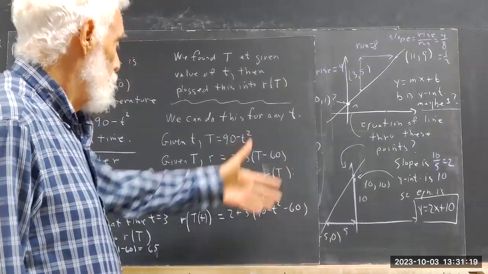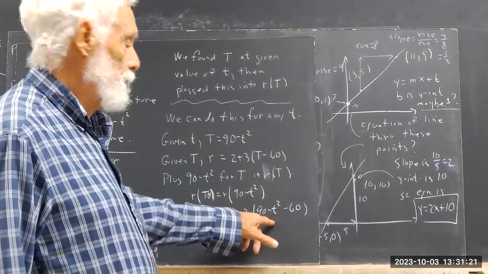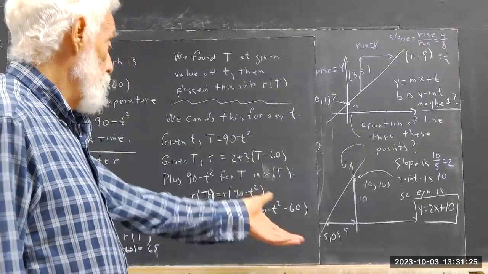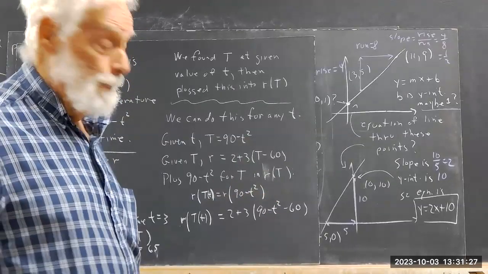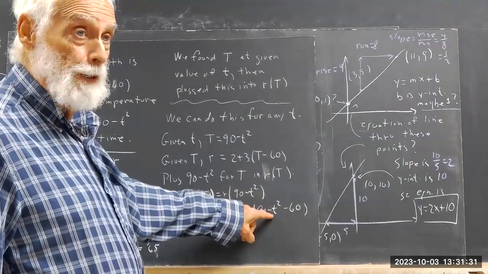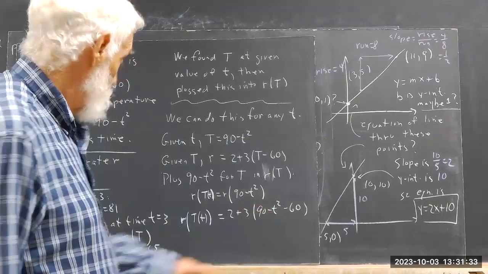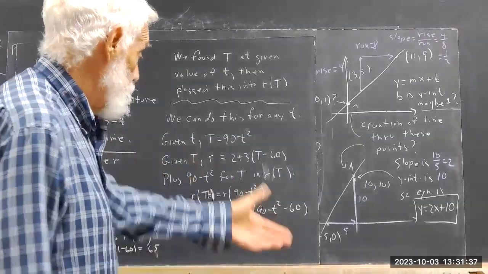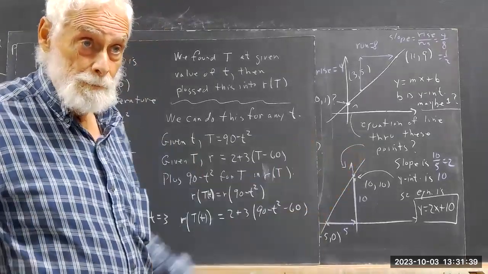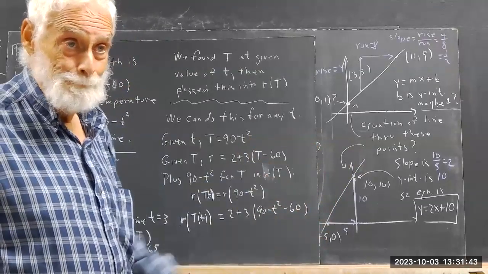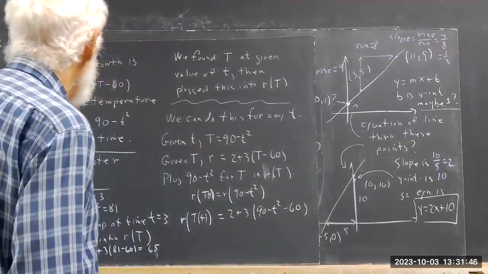And now you know how to calculate R directly if I just give you t. So if t equals 3, you're going to get the same thing you got before. t squared is 9. 90 minus t squared is 81. So we're right back to where we were here. Now, if you want to calculate it for t equals 5, you get a much lower growth rate.